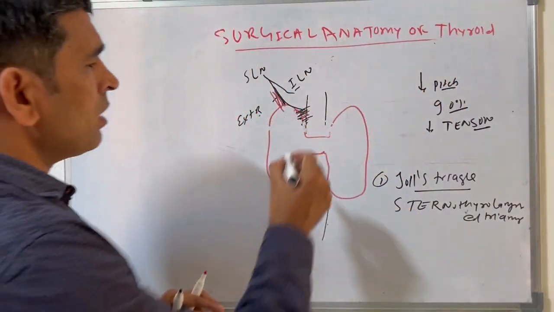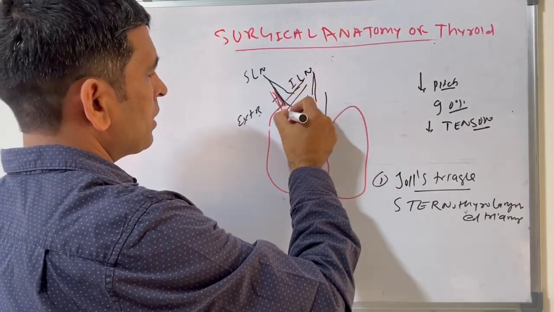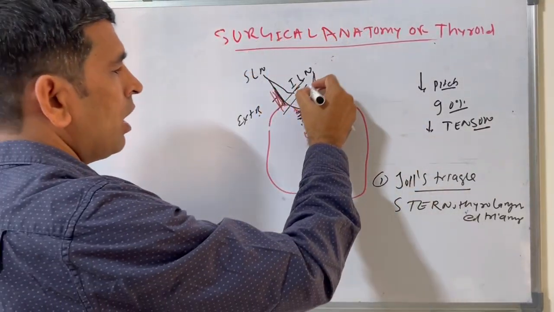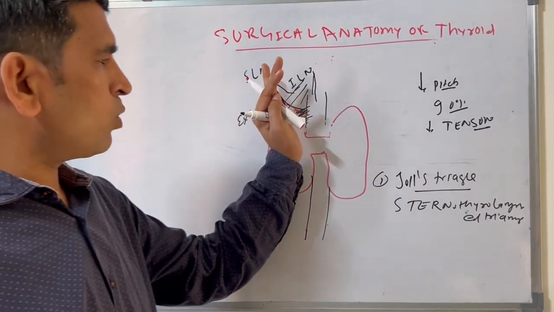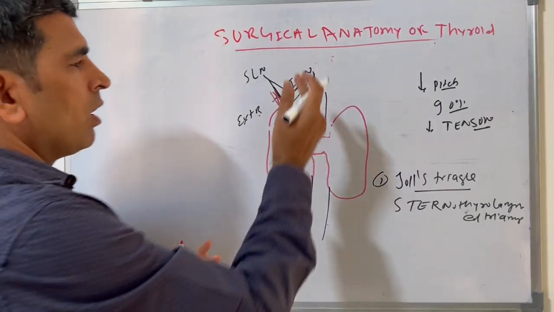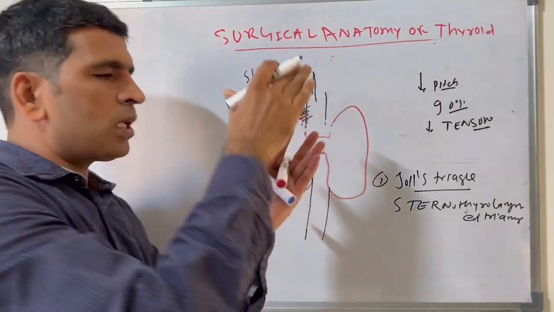This is formed by the midline here, the strap muscles superiorly, and laterally the superior pole and pedicle. So laterally the superior pole with pedicle, medially the midline, and above the strap muscle form a triangle.